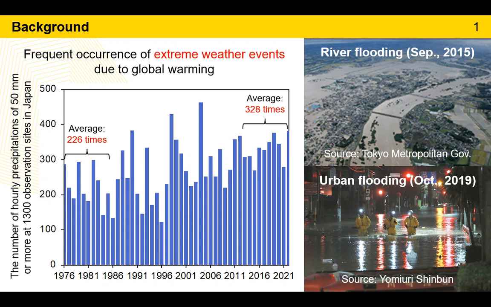This figure shows the number of hourly precipitation events of 50 millimeters or more at 1300 observation sites in Japan. Generally, the number increases as the year advances. Heavy rain is expected to increase further in the future as global warming progresses further.